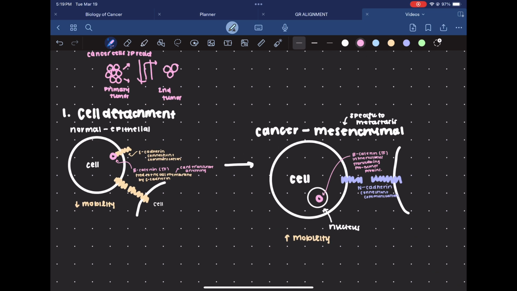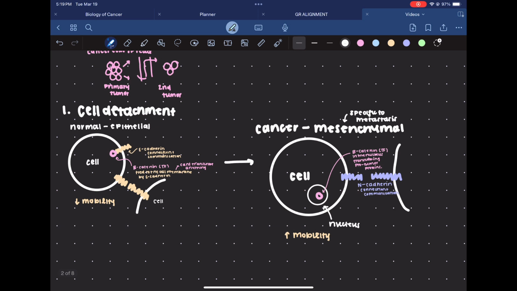So our step one, just to review and think about what this is going to look like, is that cancer cells are going to make this transition from this more epithelial nature over to this mesenchymal nature. That's really going to be the essence of cell detachment. We see an exchange of E-cadherin for N-cadherin.